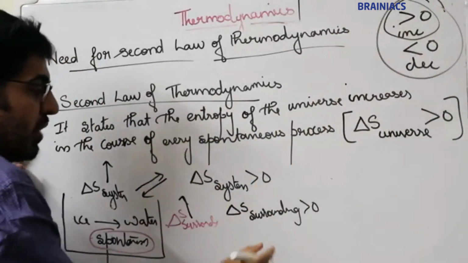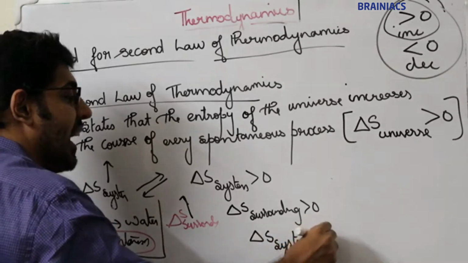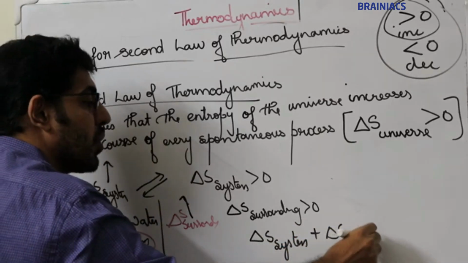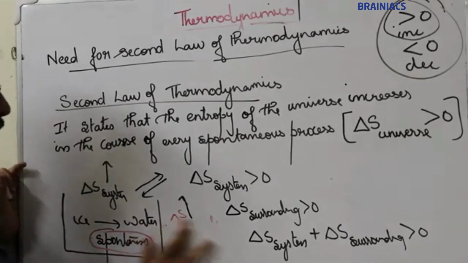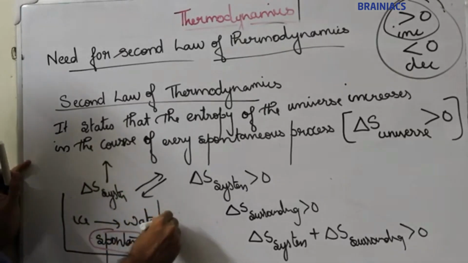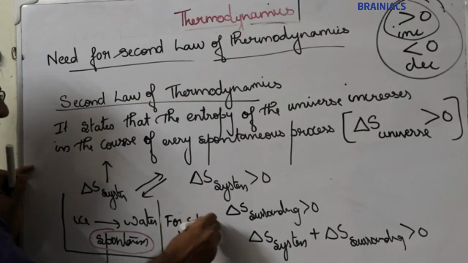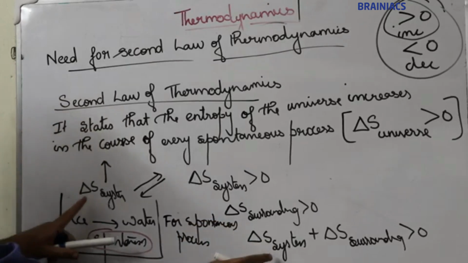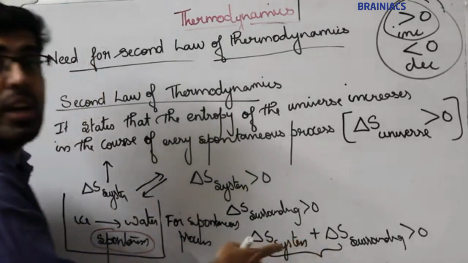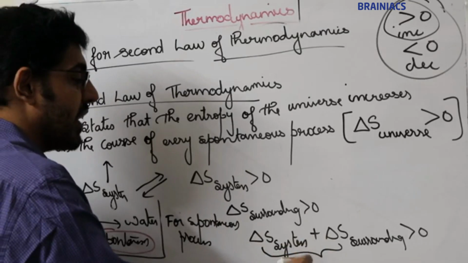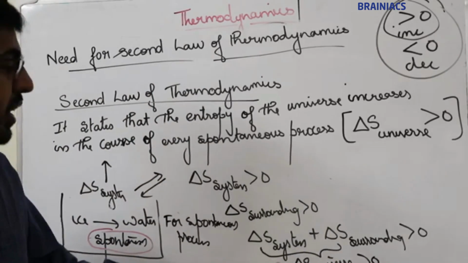So we can write entropy of system plus entropy of surrounding increases. For a spontaneous process, entropy of system increases, entropy of surrounding increases. That means what is system plus surrounding? Universe, right? So entropy of universe increases. System plus surrounding is universe.